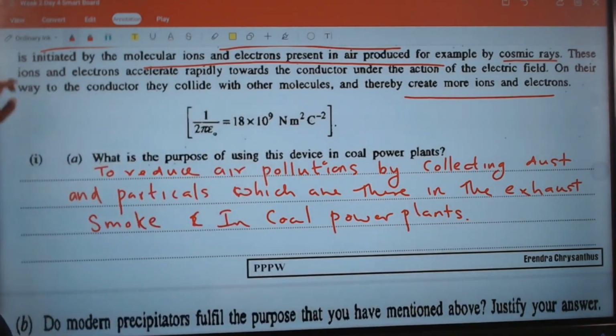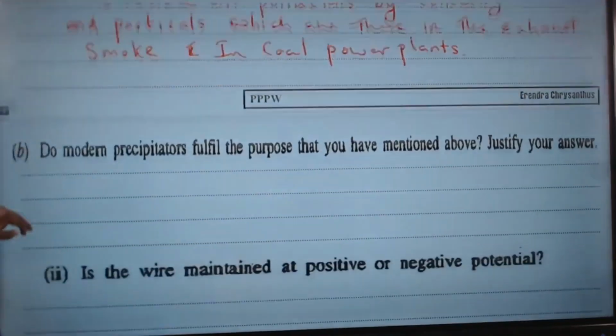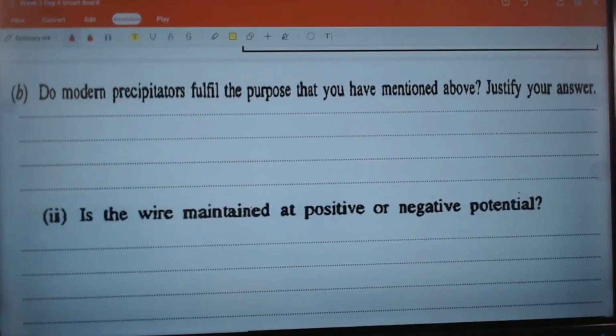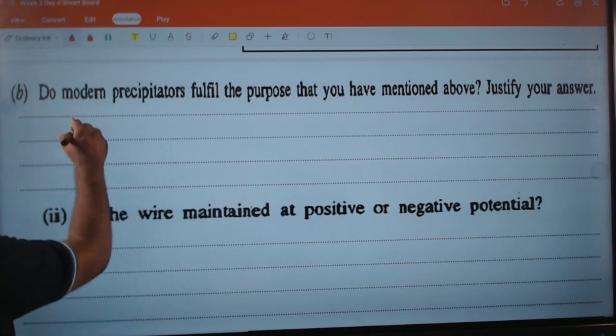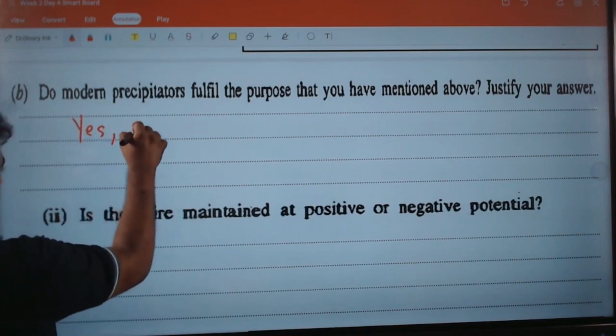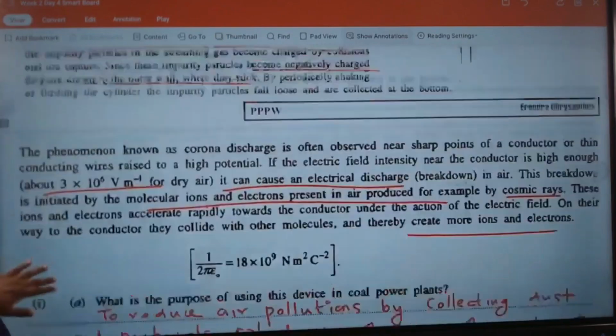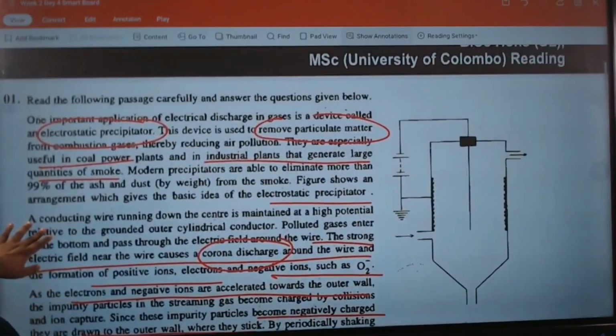Okay, right. Moving on. Do modern precipitators fulfill the purpose that you have mentioned? Justify your answer. Answer is yes. 99% of all, modern precipitators, I remember saying 99%, yes.